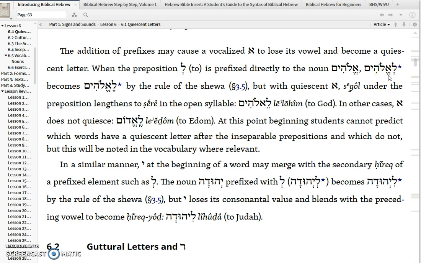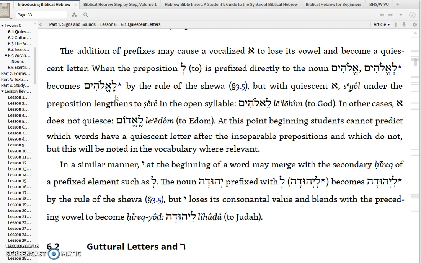So here you have a composite shavah, a hataf sagol, and a regular shavah, and you'd expect to resolve the two shavahs in a row. The first shavah will become the vowel of the half vowel. And so you would expect the form to be le Elohim.